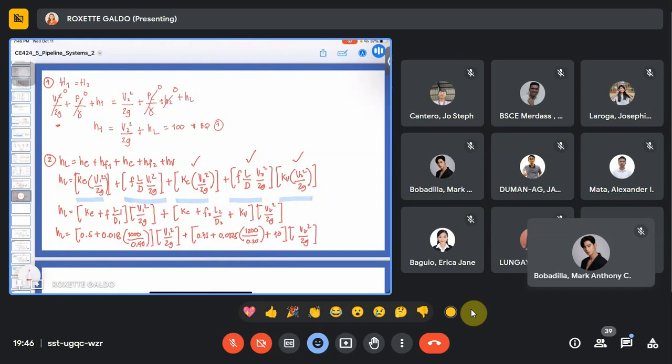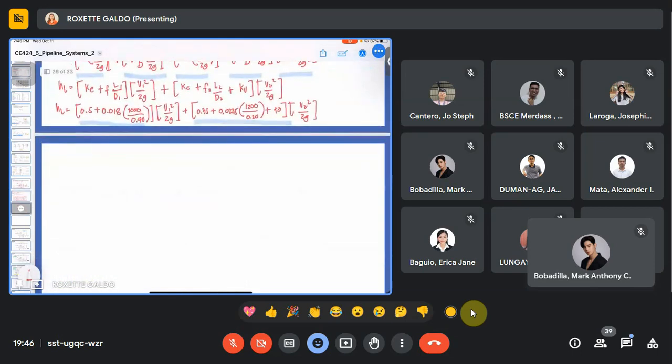Now, simplify this by adding these terms and give me the answer. I'll scroll up. HL is equal to how much? 0.5 plus 0.018 times 1,000 over 0.4.